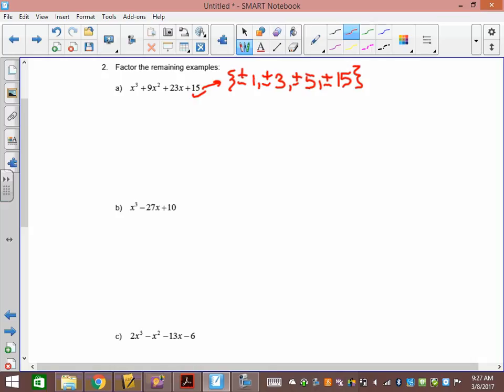Because it's the values of your constant at the back. It's the factors of your constant. So your constant is 15. So plus or minus 1, plus or minus 3, plus or minus 5, plus or minus 15. Because you'd have to be able to divide something evenly into that back number to get a remainder of 0, right? So that's why you can use those numbers. If it was something else, you'd never be able to divide it evenly to get that to go away.